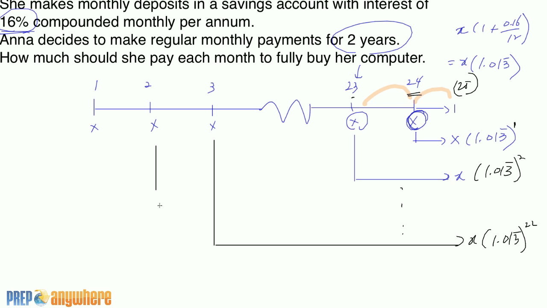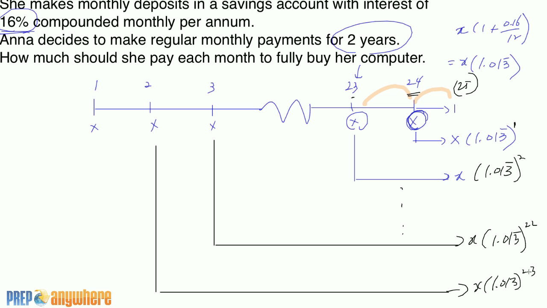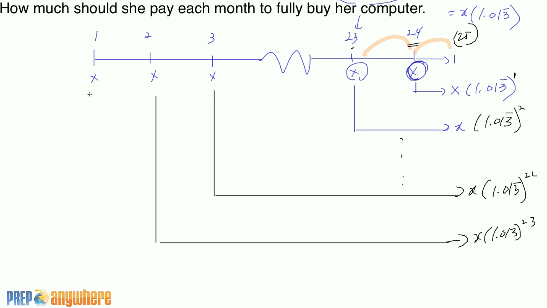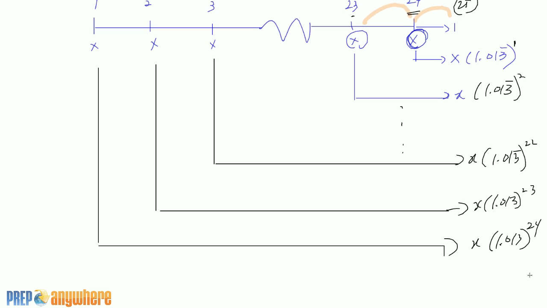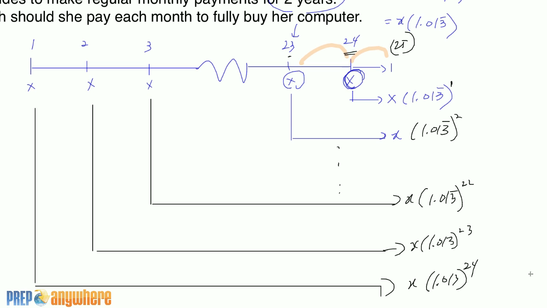And the pattern continues. 1.013 to the power of 23. And then the very first one will accumulate interest 24 times.